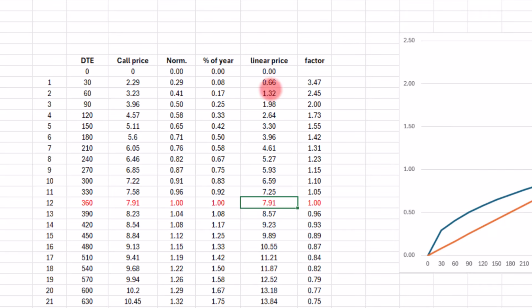So we're just taking 30 divided by 360, or the percent of the year, multiplied by this price. So that option would trade for 66 cents. The 60-day option would trade for $1.32. So again, we're just saying that if options were scaled exactly according to this 1-year option, these would be the prices.